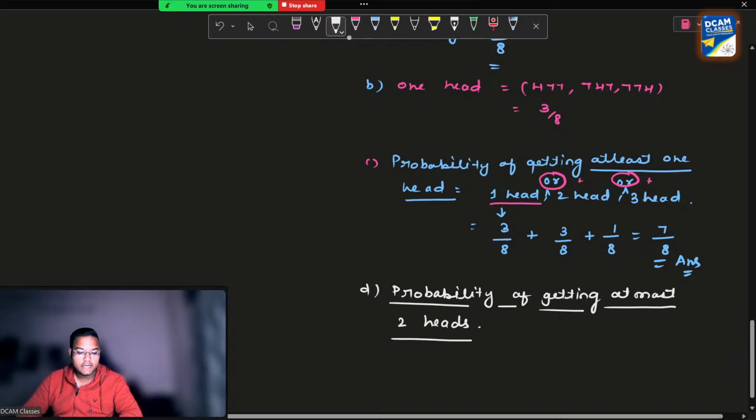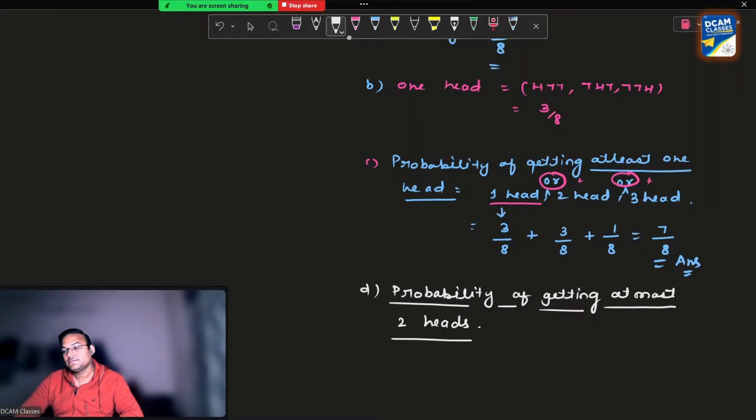Priya or Kanishka, anyone? What's the meaning of at most? Just tell me before that. Nil, one, or two. Maximum you can get 2 heads, either 1 or 2. That's the meaning of at most.